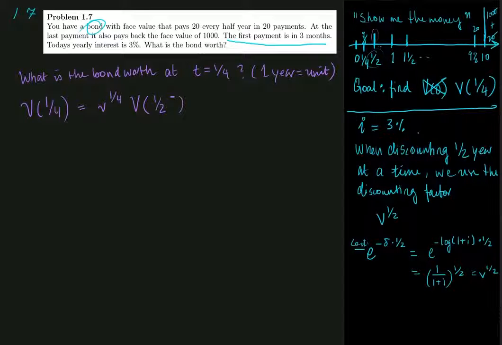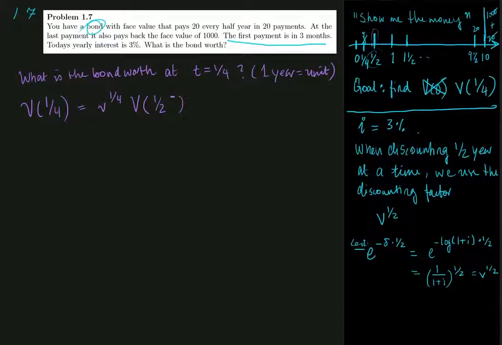But what we want to look at here is all of the payments, both at time 1/2 and all the future payments. So we denote that by a minus, which means that we are standing probably just a little bit before time 1/2. We also use this notation sometimes for the fairness criterion.